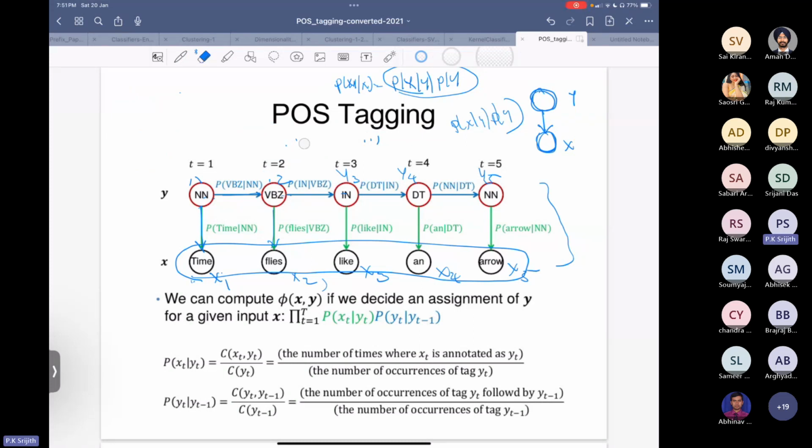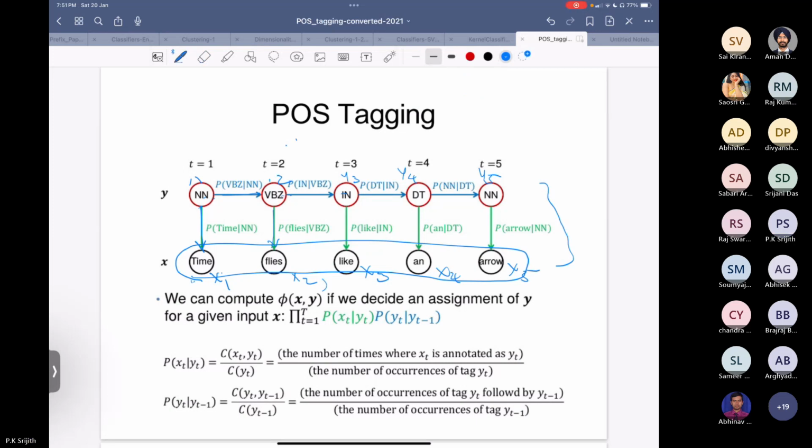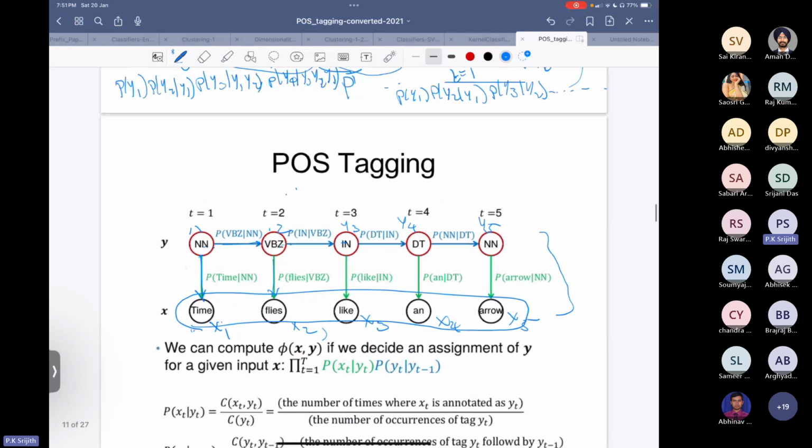So when I want to perform inference, I follow this model that I have just defined. For this particular example, I want to predict the probability of y as the sequence NN VBZ IN DT NN.